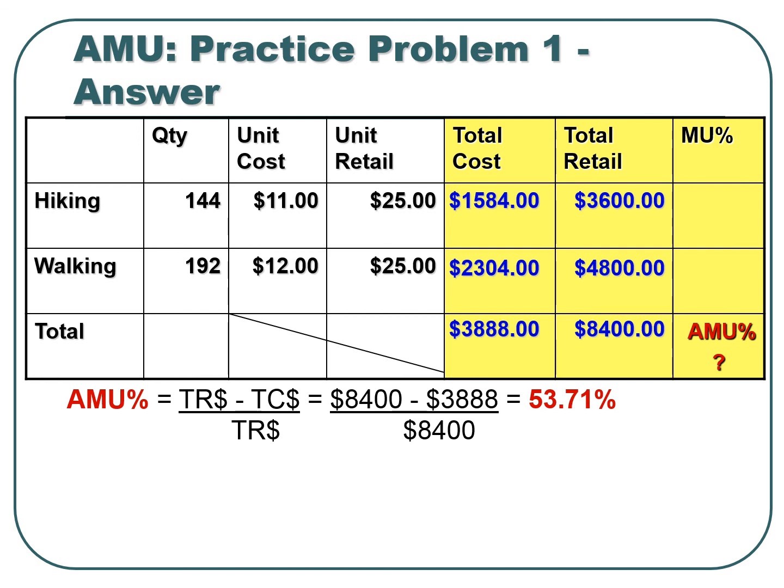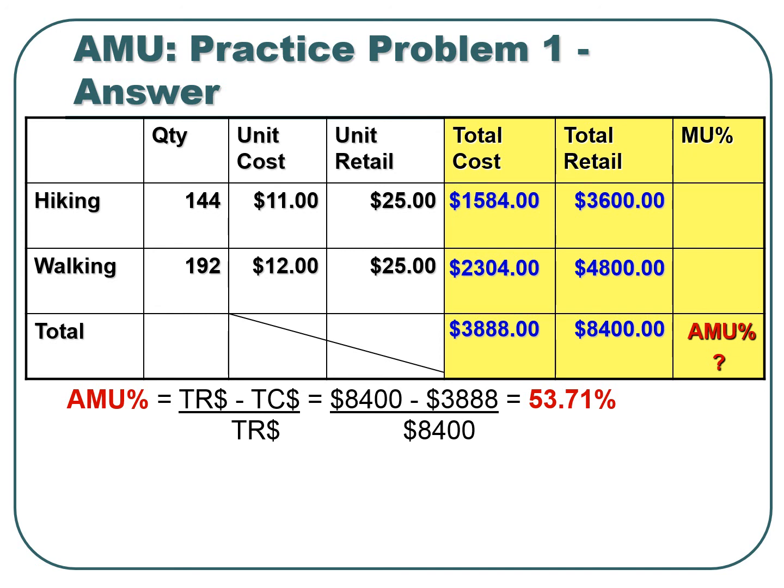So we multiply the quantity by the unit cost or unit retail to get the total cost or total retail for each group, and then you combine each group's total cost to get the total cost of the total, and do the same thing for total retail for the total, only using the retail prices and retail values. And then your final answer for the AMU percent will be the total retail minus total cost over total retail. In this case, 8,400 minus 3,888 over 8,400, which gave us a 53.71% AMU.